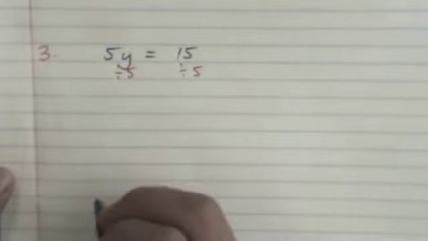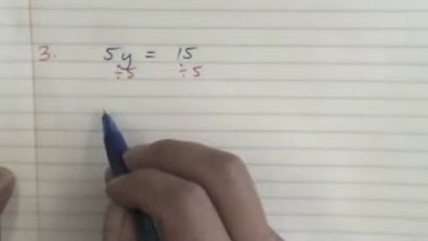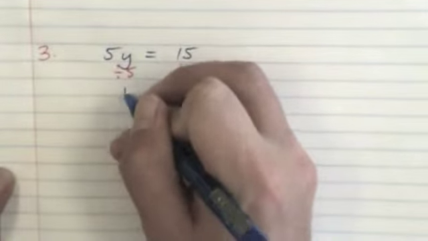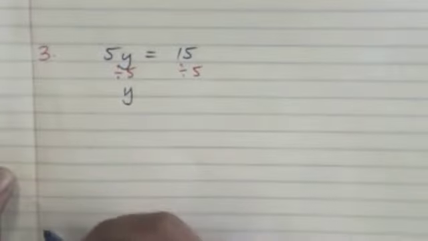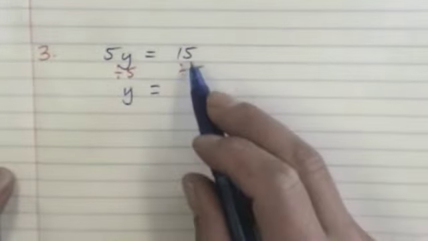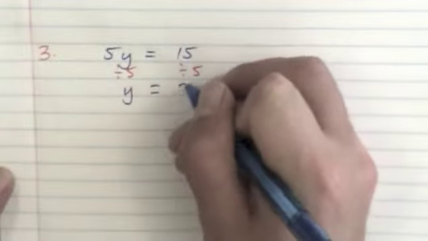Now let's run through this to solve it. 5y divided by 5 is just y, because the two 5's cancel out. Then we go under here and go equals. Now 15 divided by 5 is 3.